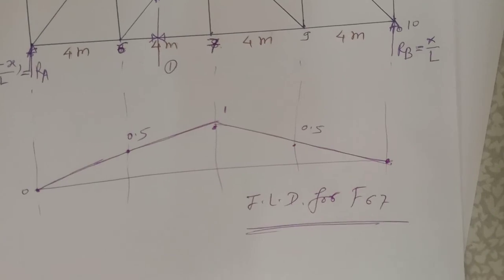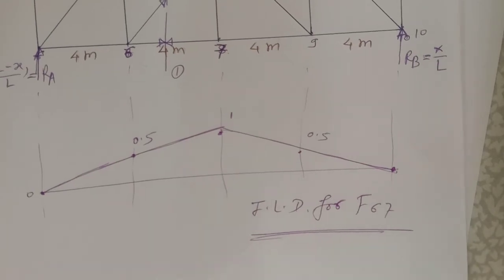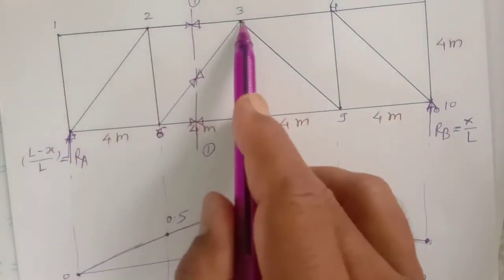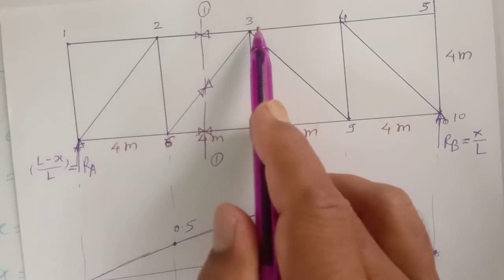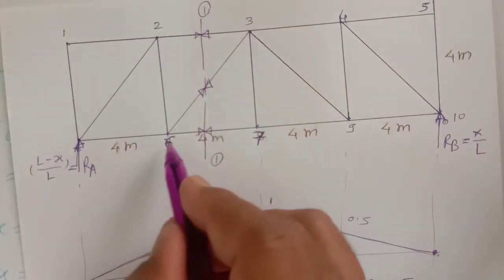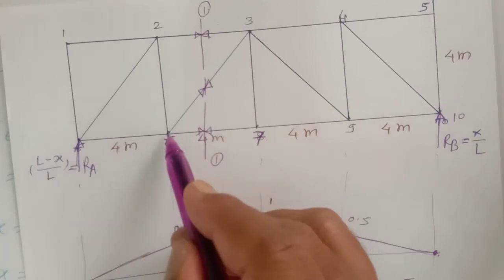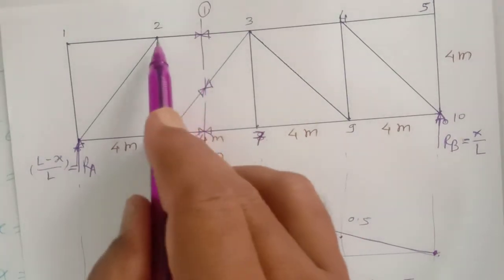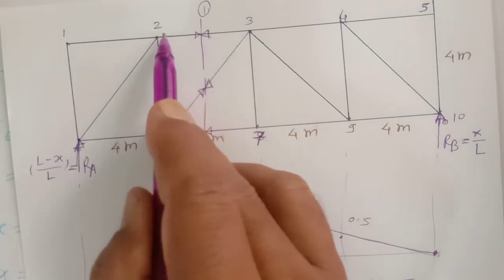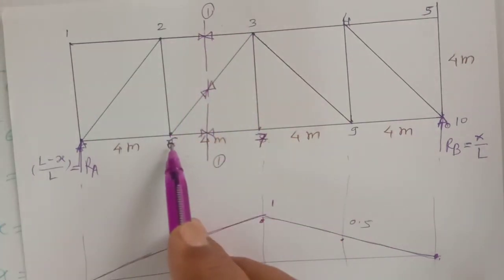Similarly, repeat the same procedure and find out the force in this member also. How to find out the force in this member? For example, when I take the moment at this point, what happens? Moment of this force is 0, moment of this force is 0, and moment of this force is there, that is force in member 2, 3 multiplied by 4 meter.